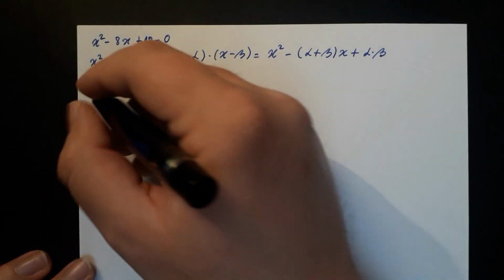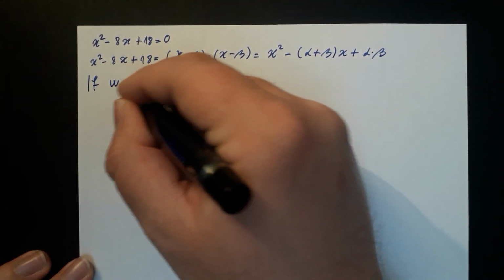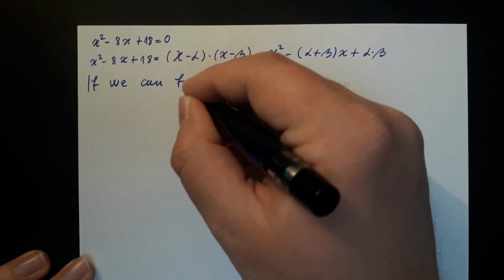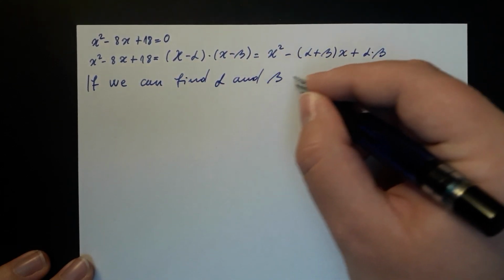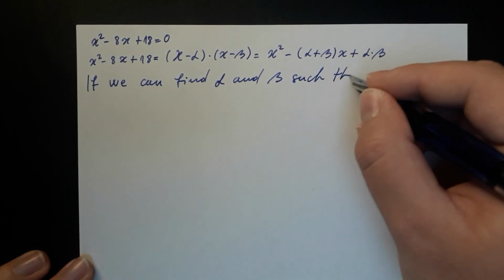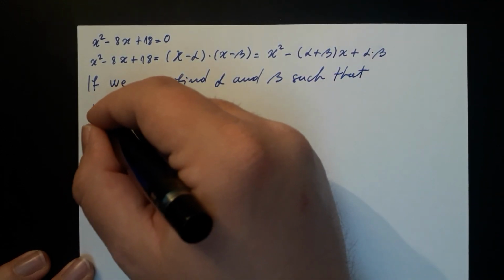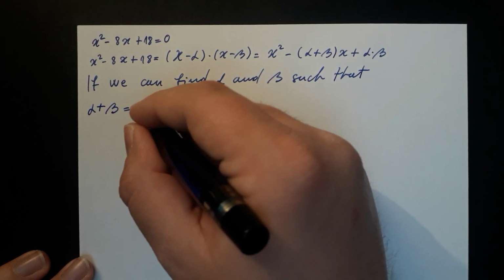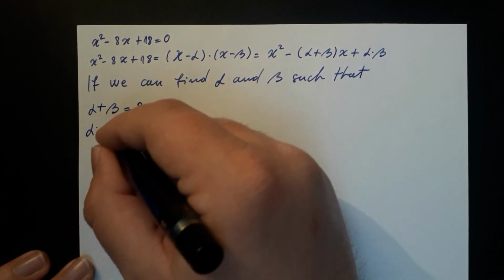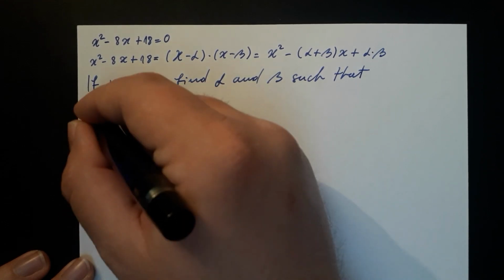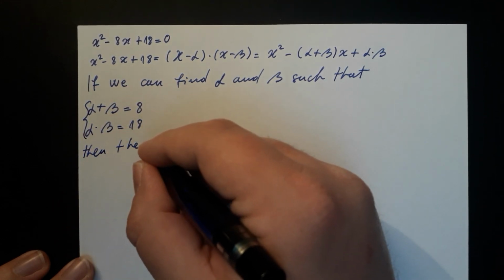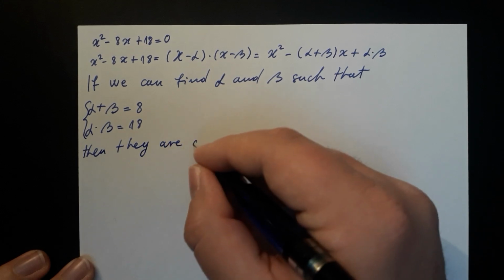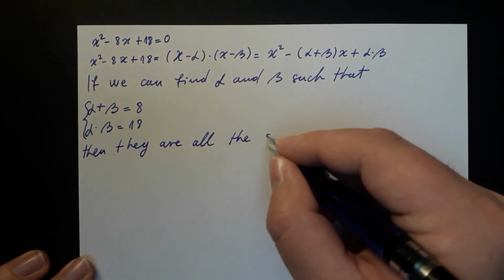If we can find alpha and beta such that alpha plus beta gives us 8 and alpha multiplied by beta gives us 18, then they are all the solutions.